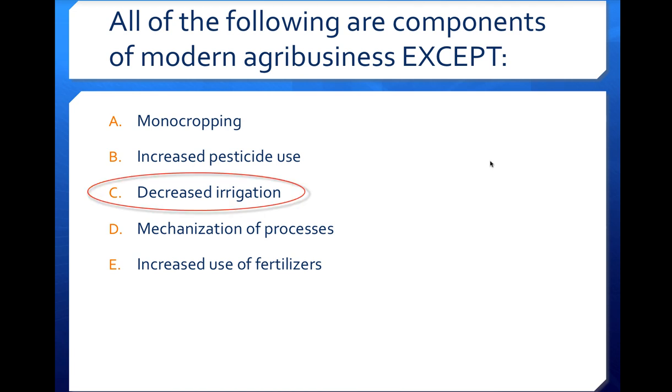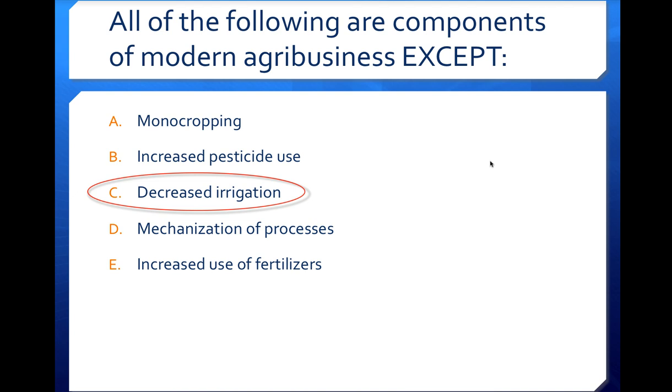One of the things that we see with modern agriculture is that we actually increase our use of irrigation significantly. So all of these are the five main ways that agriculture has changed from subsistence agriculture to modern agriculture. And what we're going to be looking at later on in the chapter is a movement of sustainable agriculture that is trying to reverse the environmental damage caused by these 5 processes.